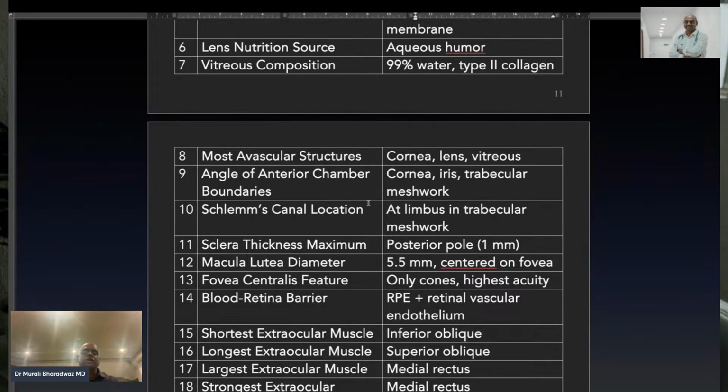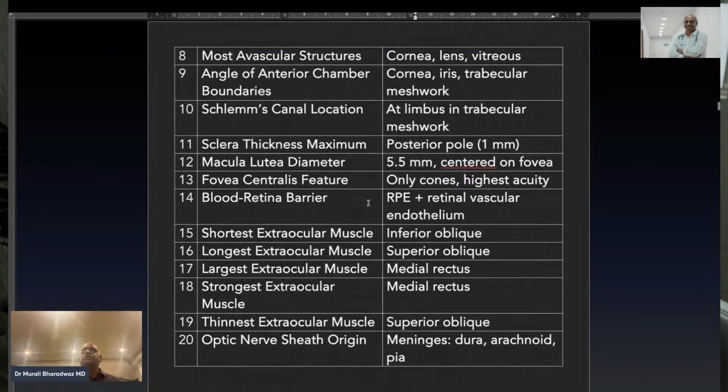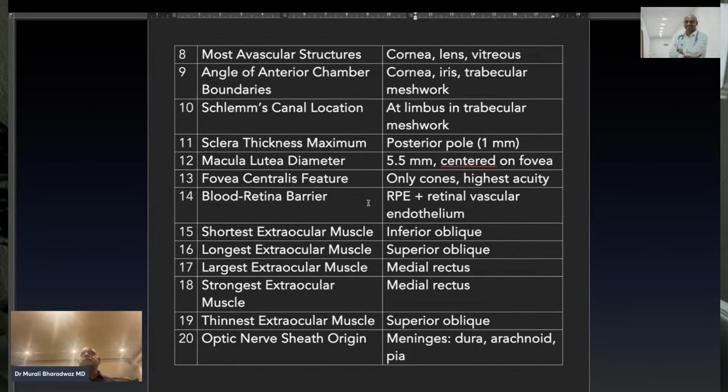Bone is 1, cartilage is 2. Basal membrane is 4. So 3 is reticular. What is the angle of the anterior chamber? Cornea, iris, trabecular meshwork. These 3 are the components of the angle of the anterior chamber.